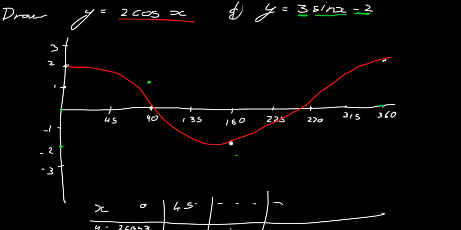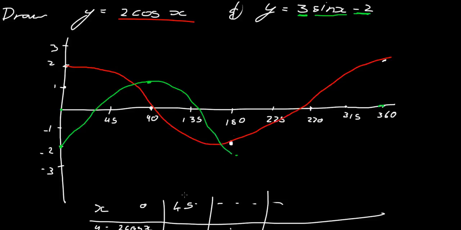So we start at minus 2 because it's shifted down 2, and it's a normal sine graph, so it would usually be at 1 at 90 degrees, but here we're going to move up by 3 from our starting point. So we're going to go up 1, 2, 3. Then we're going to go down to minus 2 again.